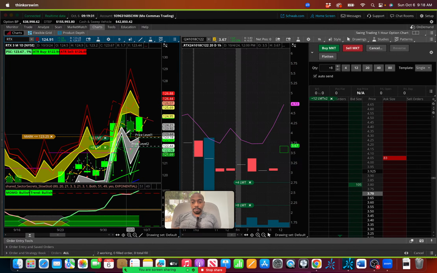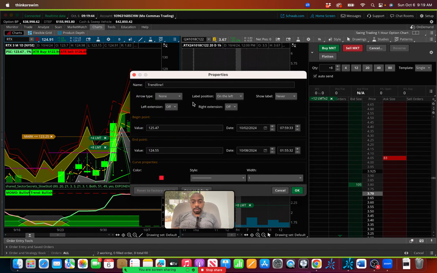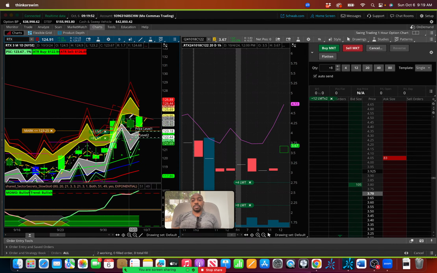From a flag standpoint, the neck would be right here. And then if you draw it, it looks like a flag, right? Kinda. If you look at this candle and here, it looks like a flag. If you're a technician and trade off chart patterns, this looks like a bull flag.